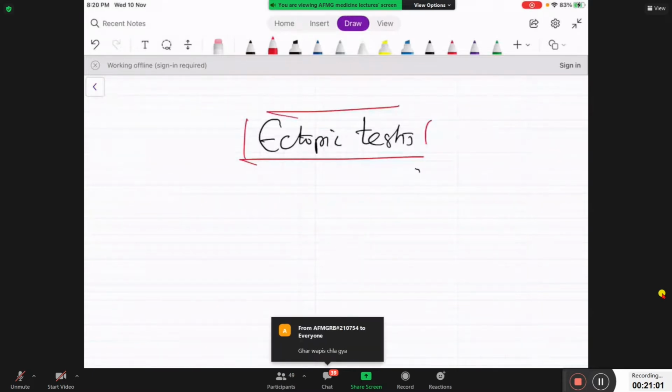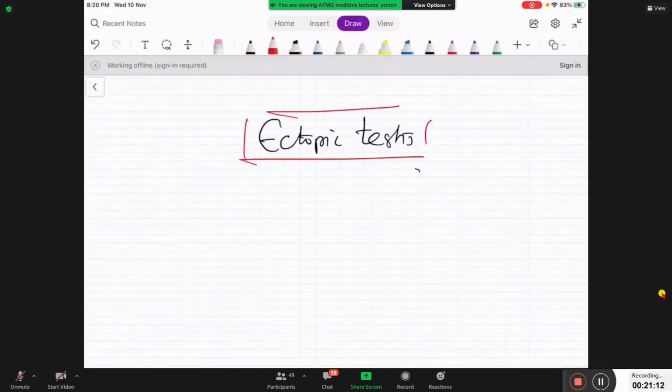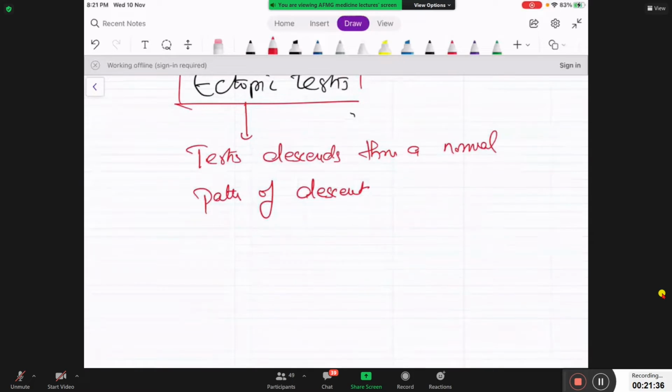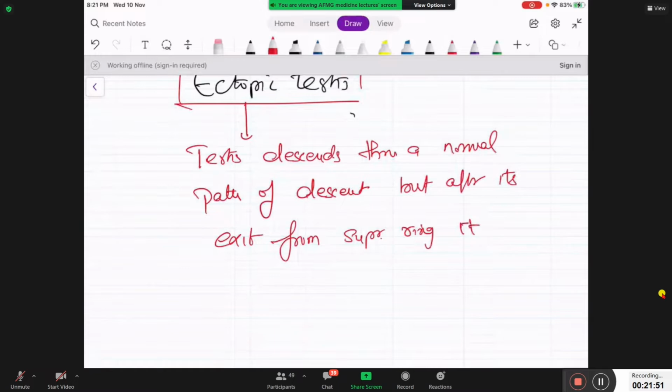Ectopic testis. In ectopic testis, testis descends through a normal path of descent, but after its exit from the superficial ring, it gets misdirected.